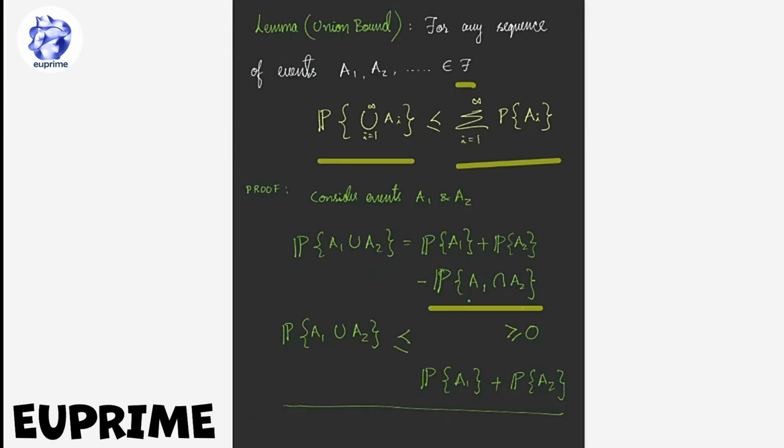The probability of that error is typically a union of several events, several sets. But those events need not be disjoint. Because if they are disjoint, the probability of the disjoint union equals the sum of individual probabilities, and you directly get the result from the second axiom. But they need not always be disjoint, and you don't know that. As a result, it becomes hard to compute the probability of error.